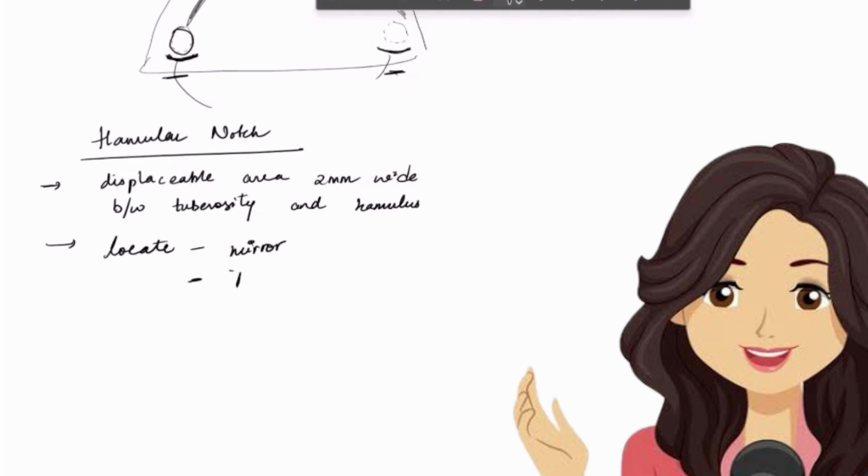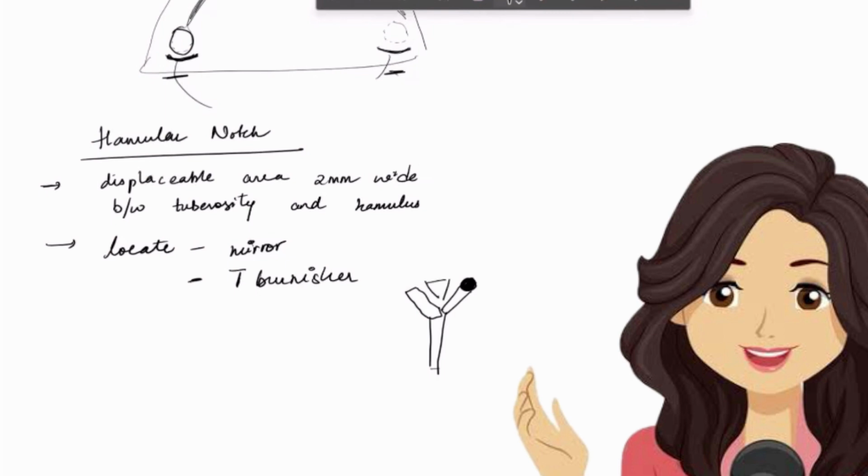Alternatively, you could use a T-burnisher. A T-burnisher has two ends. You have a ball end, and you have a flatter end of a T-burnisher. The instrument comes like this.